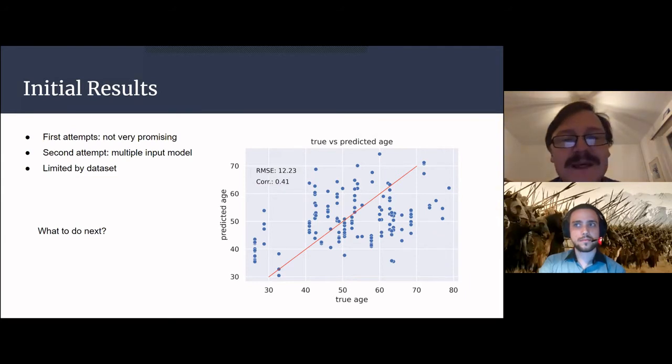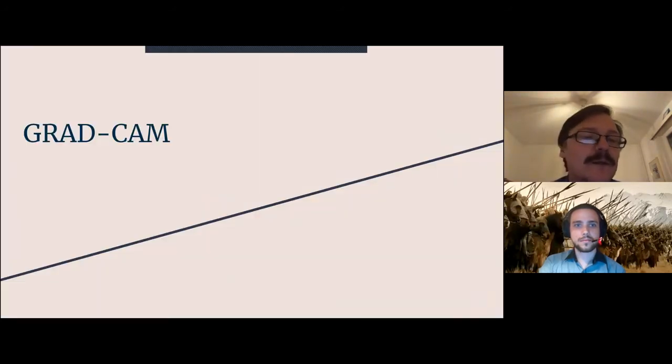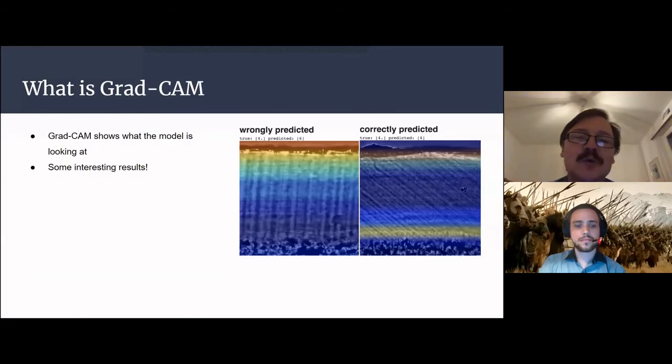So what we did next is we first performed a GradCam analysis, and GradCam allows us to understand what the model looks at when it's predicting the age, and what the region of attention is. What you can see on the right side is that whenever an image was wrongly predicted by the model, attention was paid to a region which was outside of the tooth cementum.